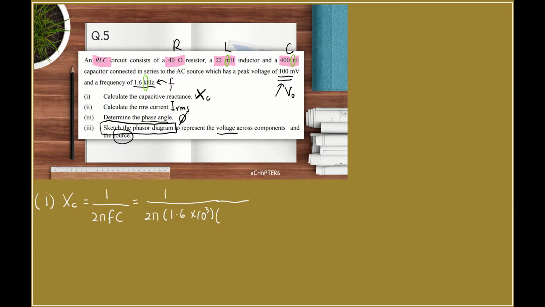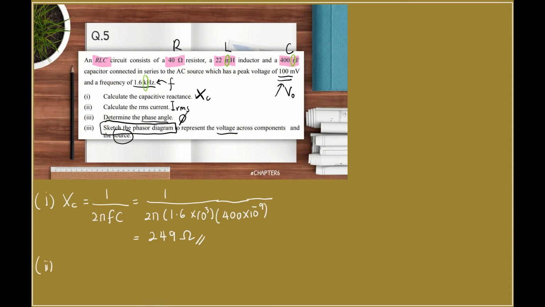Capacitance is 400 nano, times 10 to minus 9. Then you are supposed to have 249 ohm. If you have the decimal places, please put your decimal places.